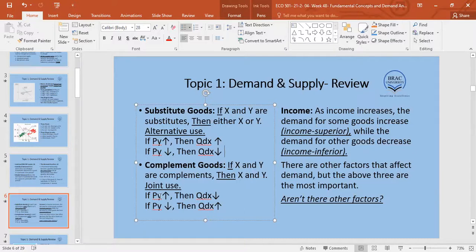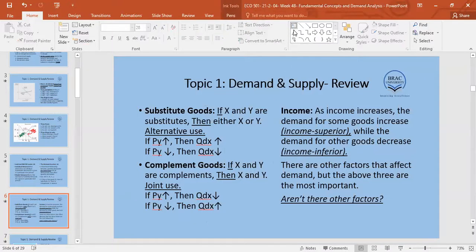So if Y is burgers and X is Pepsi as before, if the price of burgers increases, won't our demand for Pepsi also fall? Because our budget is fixed. Yes, sir. Demand for Pepsi will fall as well. Okay, great. And just the opposite in this case.